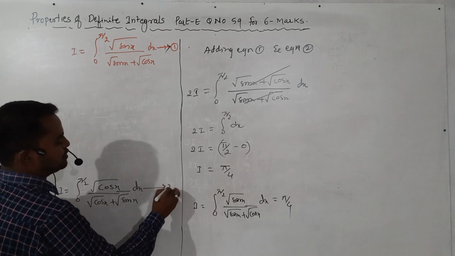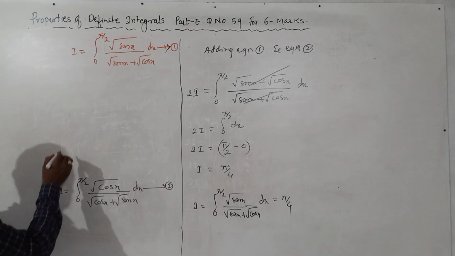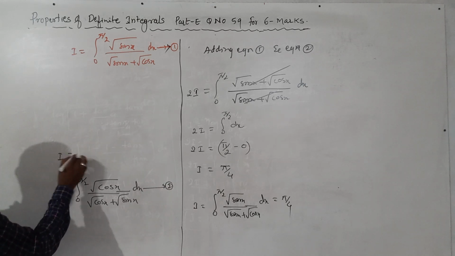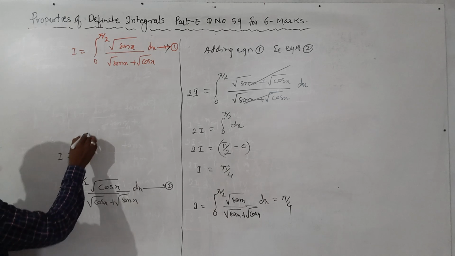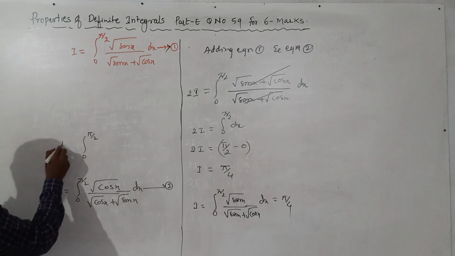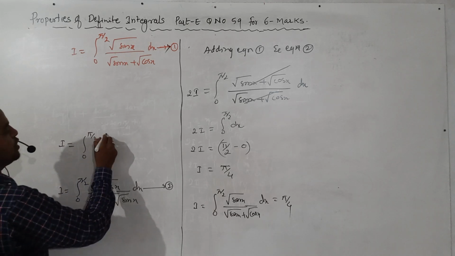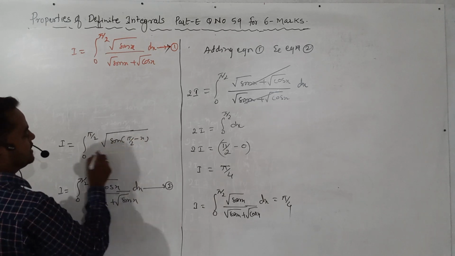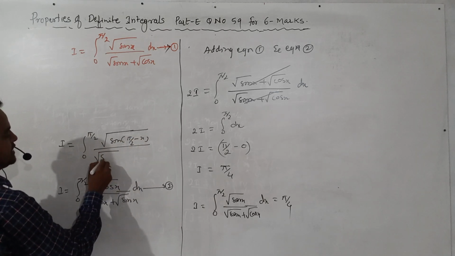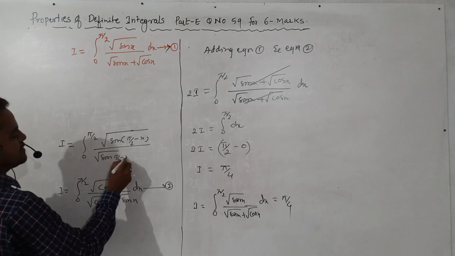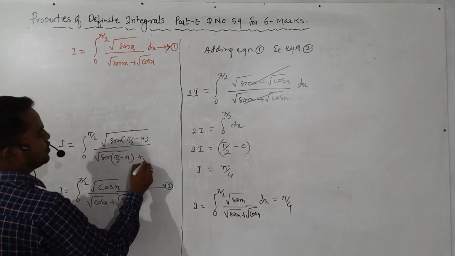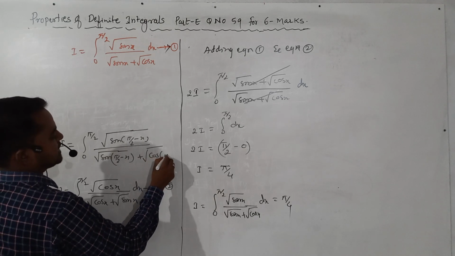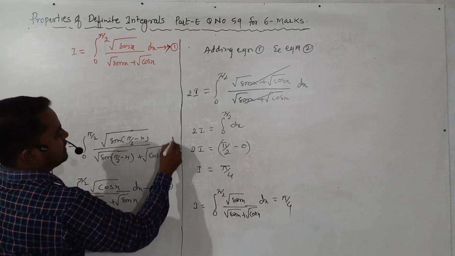This is equation 2. Now by the property, I is equal to integral 0 to 5 by 2 of root sin (90 minus x) divided by root sin (90 minus x) plus root cos (90 minus x) dx.